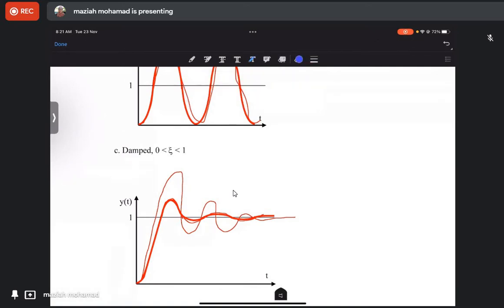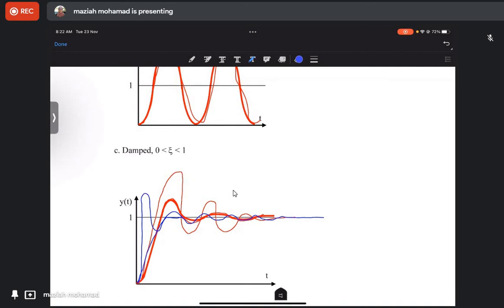Okay, the second one maybe, all right, we will allow some overshoot, but we want to have a faster response. Maybe we want to have the overshoot small, but we will allow it to have some vibration, and it will take some time to settle at the steady state final value. Okay, so it depends on the system.